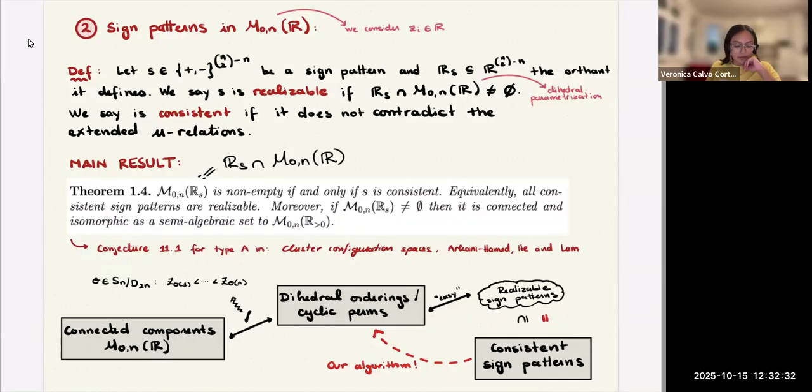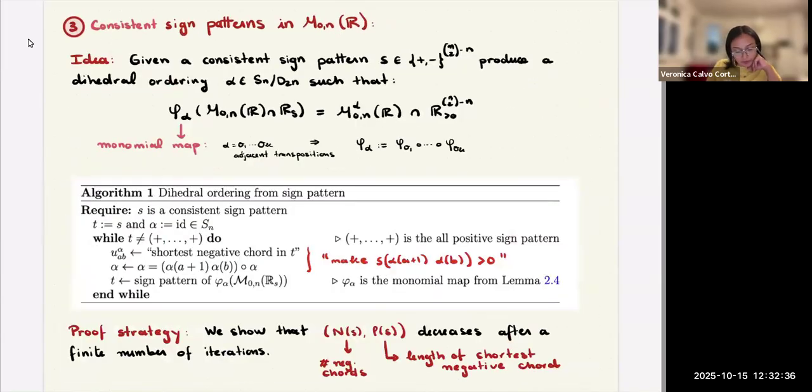Now, getting this will be slightly more complicated, as I will try to explain, even if I won't go into the details, because the proof is really a bit of a sign chasing among monomial maps. Okay, so what is the idea? The idea is, as I was saying before, given a consistent sign pattern, we want to produce a dihedral ordering.